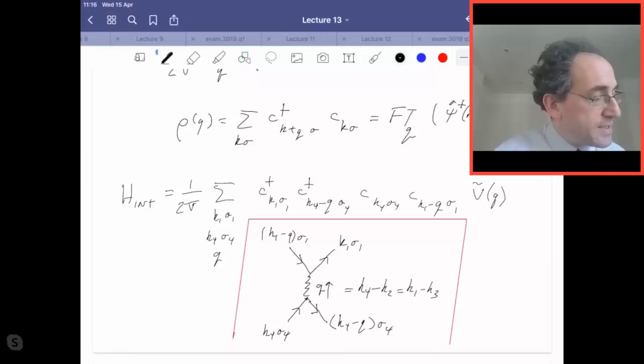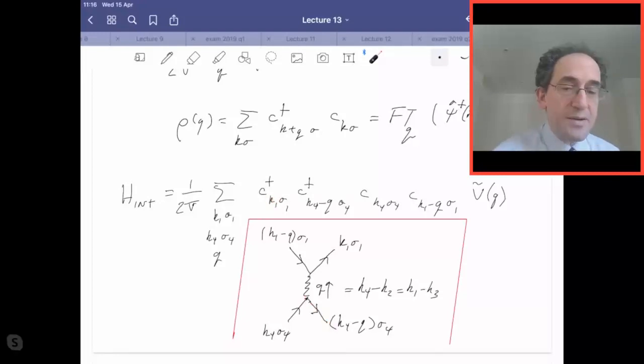This interaction term destroys something at K4, destroys something at K1 minus Q. They're coming in, they get destroyed, and then what comes out is something created at K1 here, and something created at K4 minus Q here. So this diagram represents this interaction, and V occurs at this wave vector Q, which is the momentum transferred between those two density vertices here.